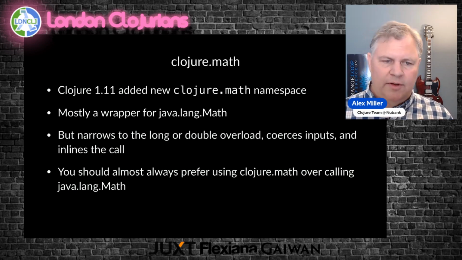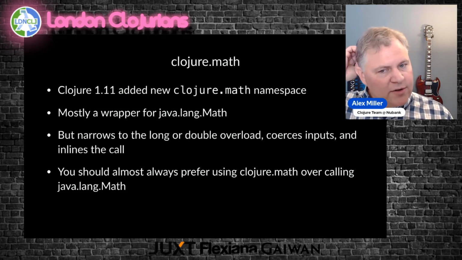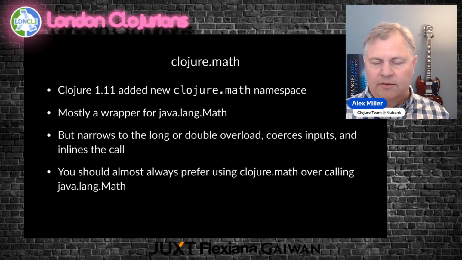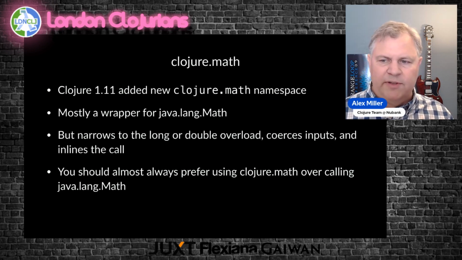And so the clojure.math namespace narrows that to just the long or double overload, which are the two main primitive types in Clojure. It will coerce inputs if needed, which becomes basically a no-op if it's not needed, and inlines that call to the place where it's being used.